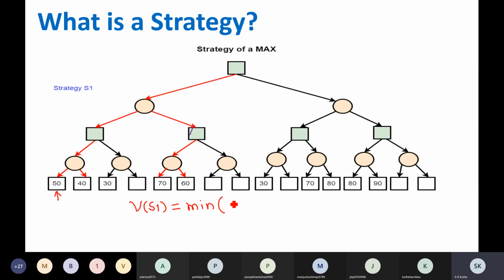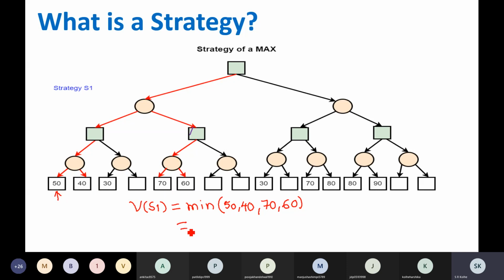So what are the values in S1? 50, 40, 70, and 60. For this strategy S1, the values of the leaves are 50, 40, 70 and 60.